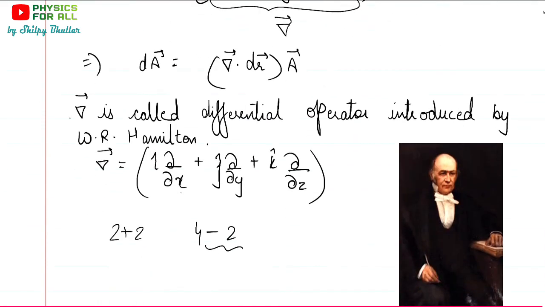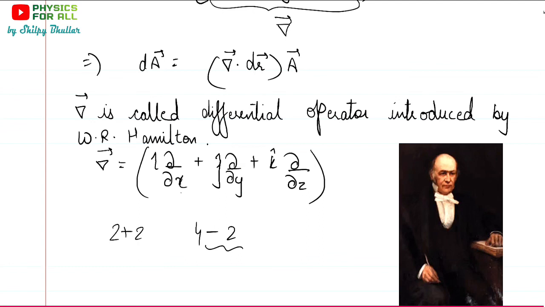This is an operator, but still we denote it by a vector because ultimately its nature is vector. It is a vector operator and it can be applied on any quantity. It may be applied to a scalar as well as a vector function of space.